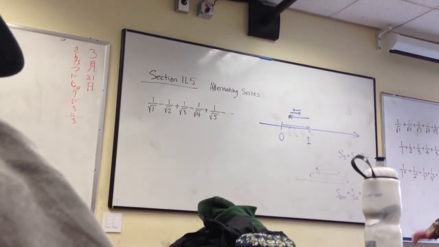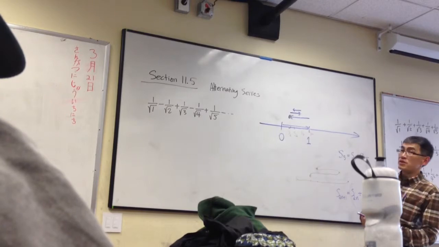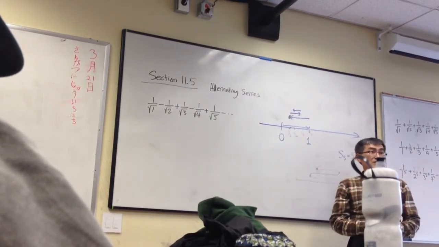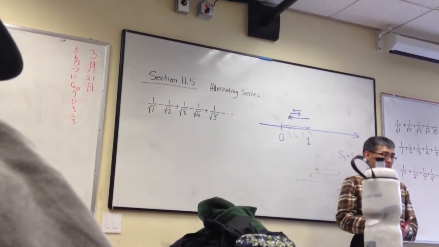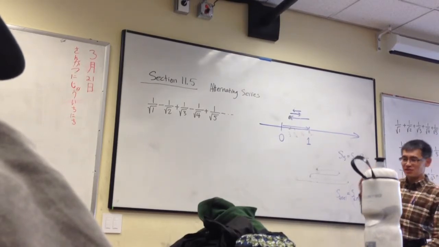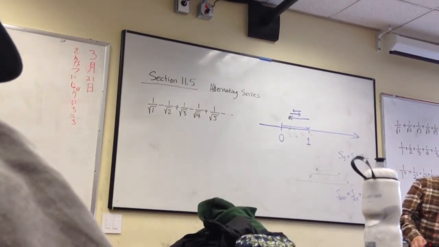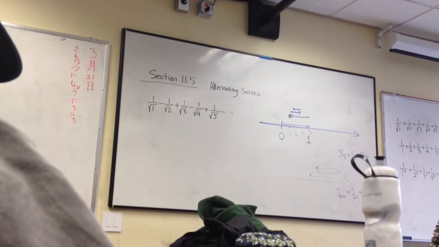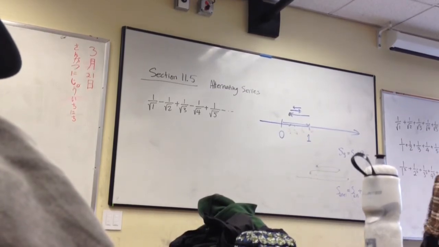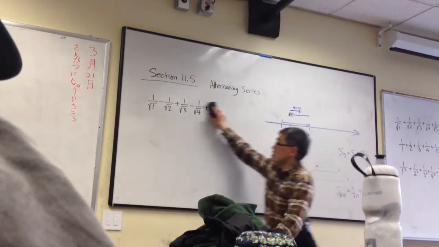Okay, so that's what it is. But this doesn't tell you what that sum is. Once again, this is yet another case where we just draw a conclusion as to whether it converges or not, but this doesn't tell us the sum.